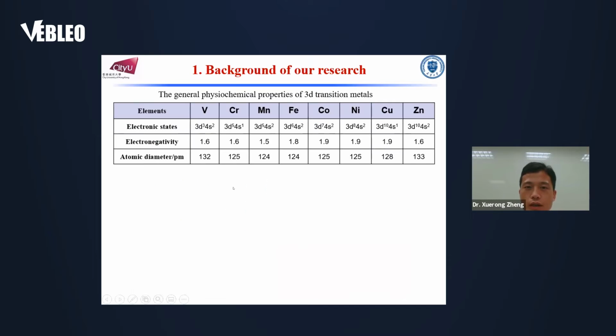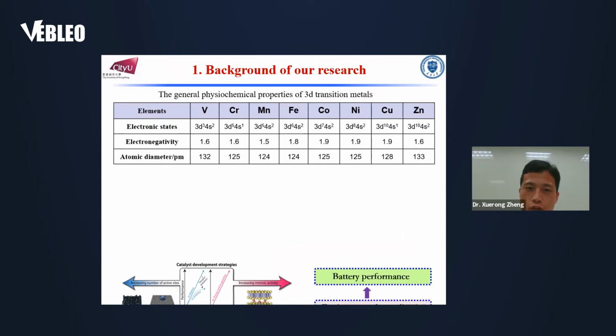This is because the transition metals, especially the 3D transition metals, have diverse electronic states and also the electronegativity and other physicochemical properties.